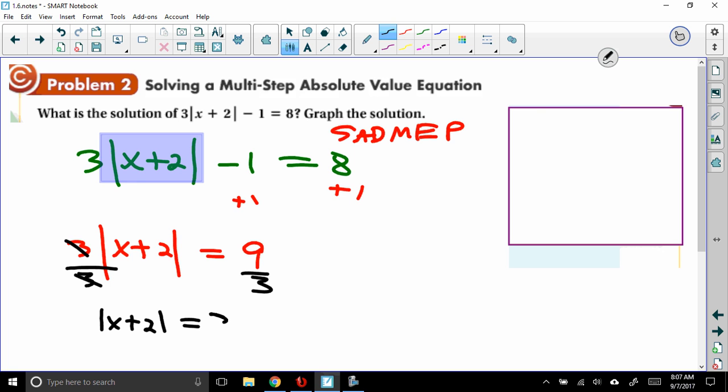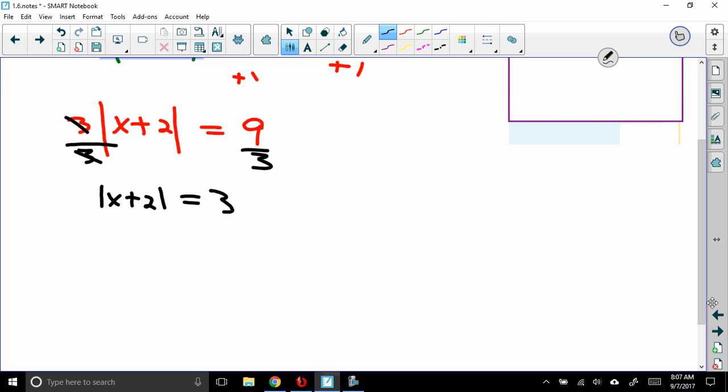We're doing good. They want us to graph this one too. I don't know why they want us to graph these equations, but whatever. So remember, we're setting up 2 equations. x plus 2 is 3. x plus 2 is -3. Awesome. So our solutions are going to be that x equals what? x equals -3 minus 2 would be what? -5.